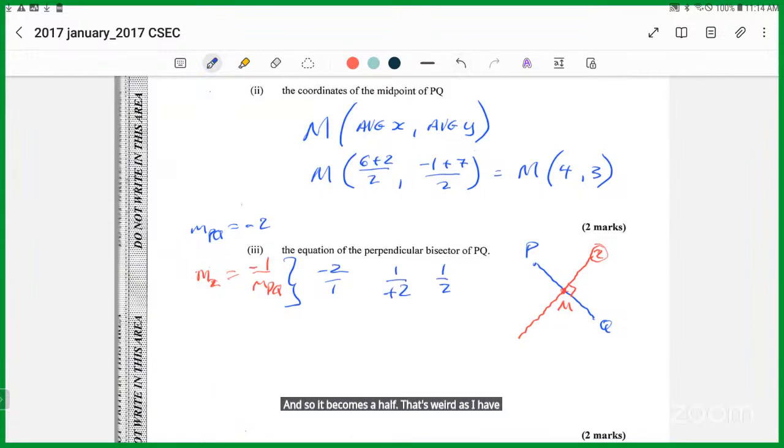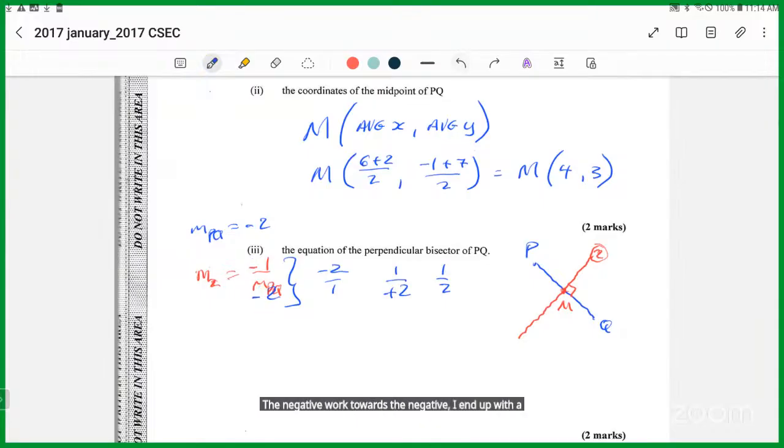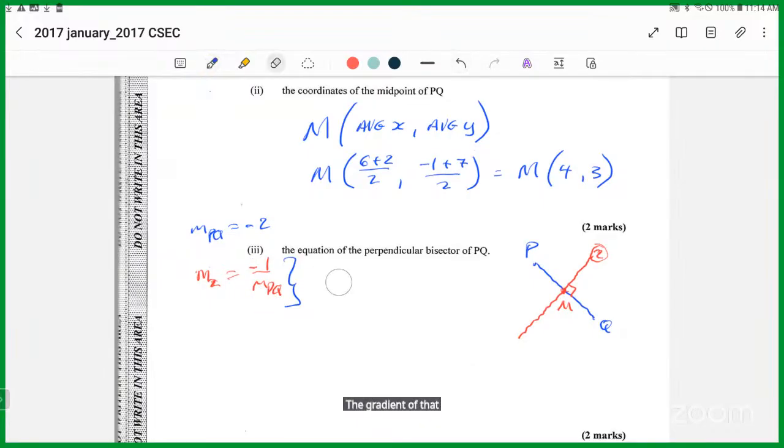But also, if you put negative 2 under here for the PQ, the negative will cancel negative and end up with a half. Anyway you look at it, the gradient of that perpendicular line is going to be a half. All right, so let's put it in red.